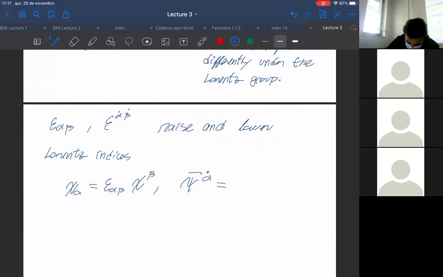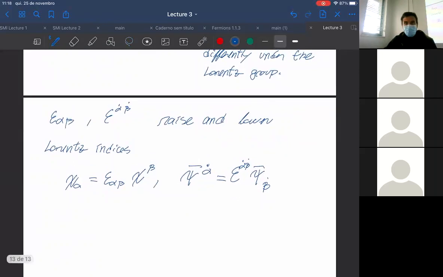So you can raise and lower indices, and this is one of the exercises as well. The convention is typically to use only left-handed Weyl spinors.